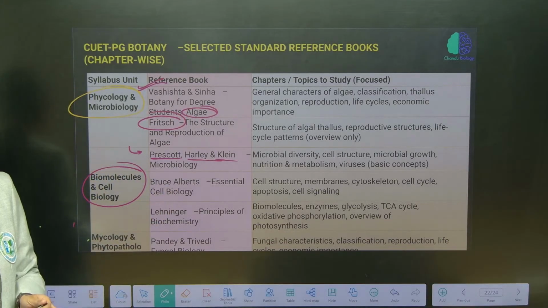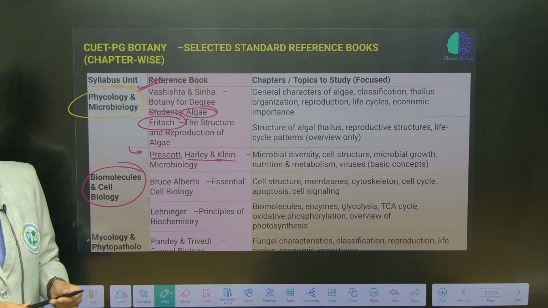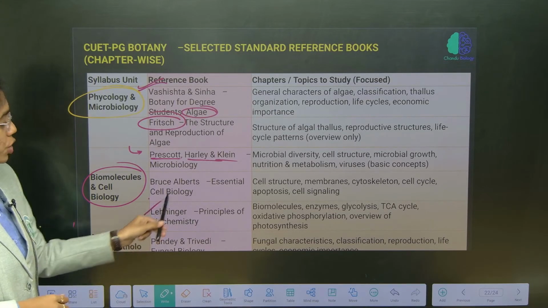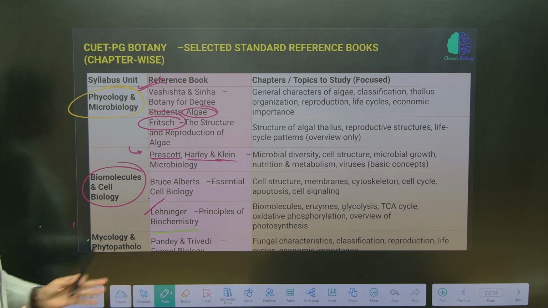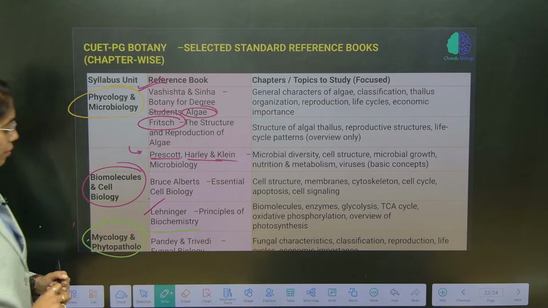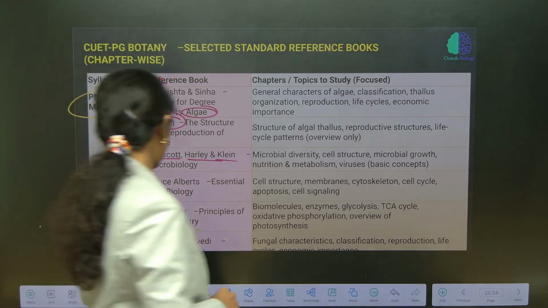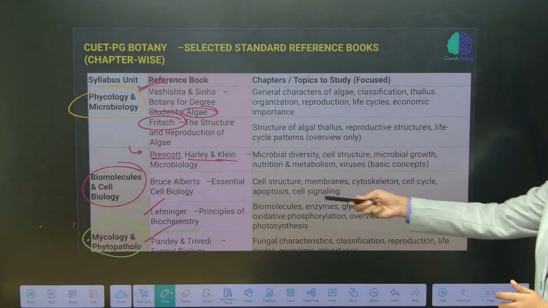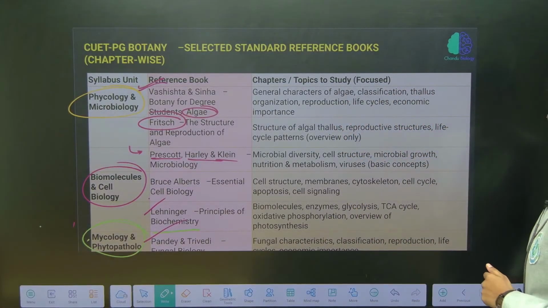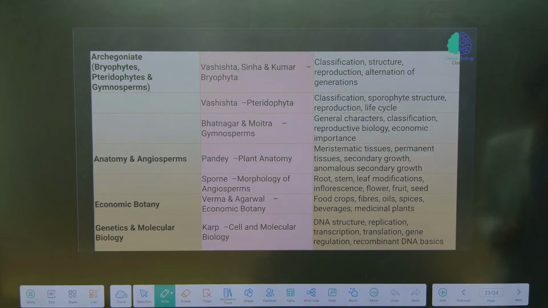Bruce Alberts' Molecular Biology of the Cell is important. We can also go through Cooper, okay, and Lehninger, of course, that stands as a major reference book for biochemistry. Then Phycology and Phytopathology by Pandey, okay, Pandey and Trivedi. Fungal biology will give you the complete details on mycology and phytopathology.